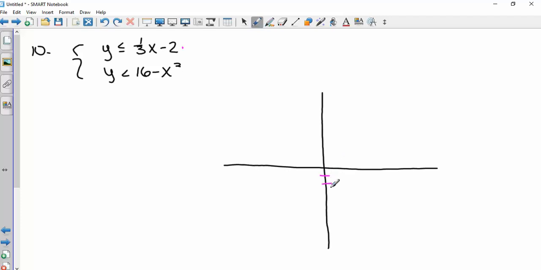First one, this would be a y-intercept of negative 2. Slope of 1/3, so rise 1 over 3. Solid or dashed? Solid because it has an equal to.